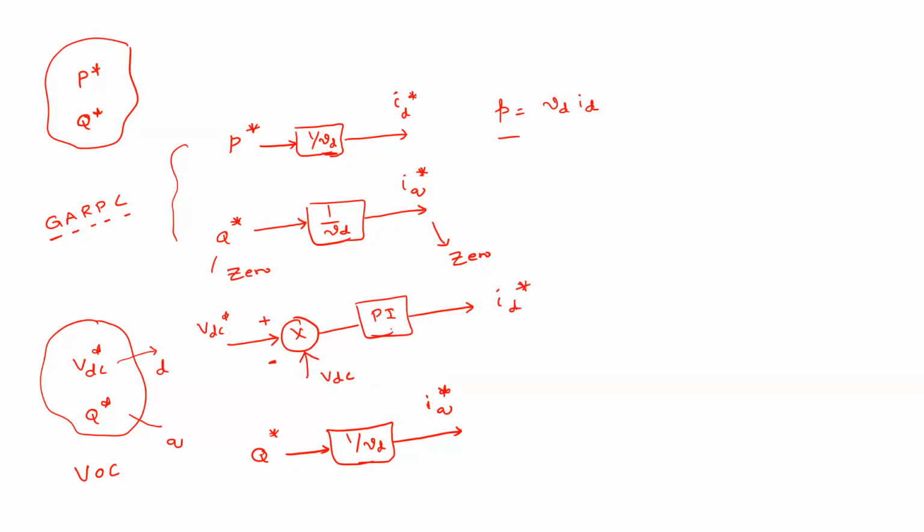Understood? So this is how we extract the reference D-axis and reference Q-axis currents.